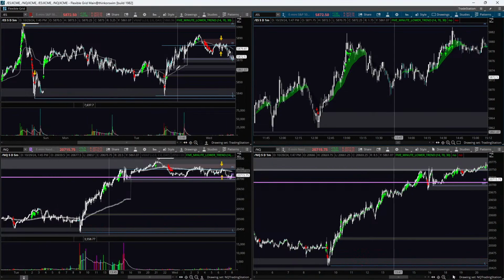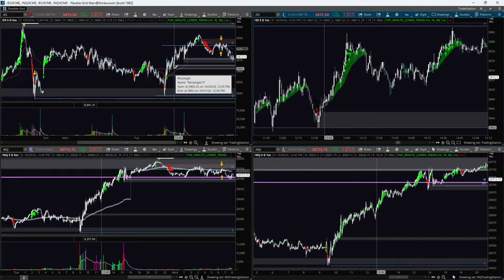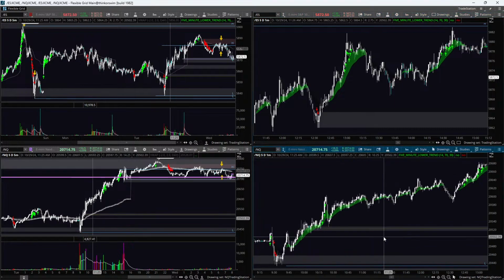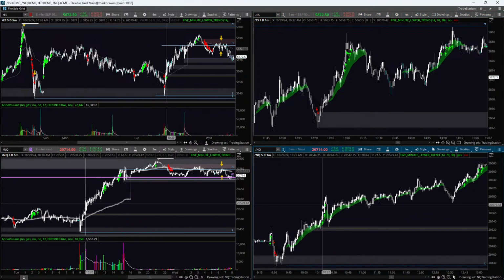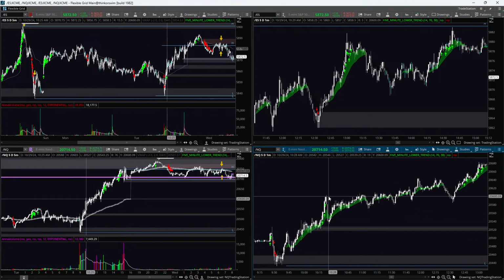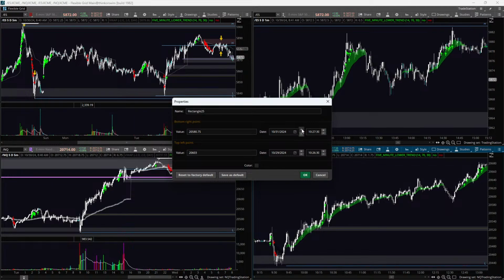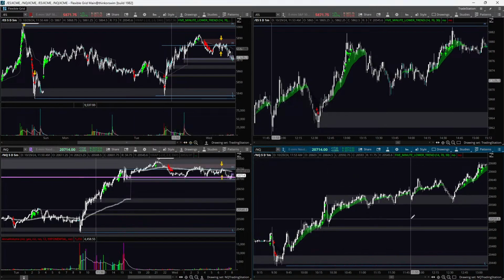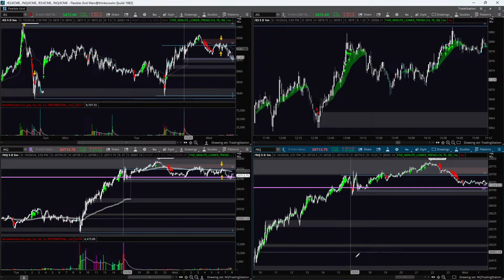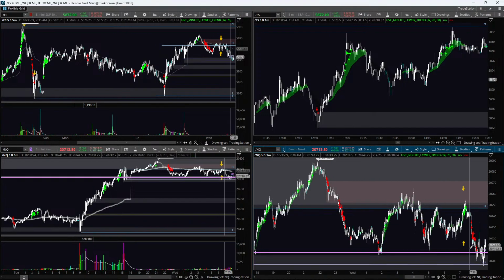Not sure how I feel about that. So this one would be this one here. All right, so not sure how I really feel about that, but I'm just marking it. We'll be looking for how price mostly reacts as far as the volume here.